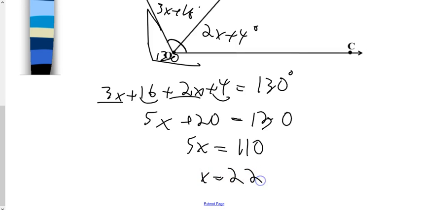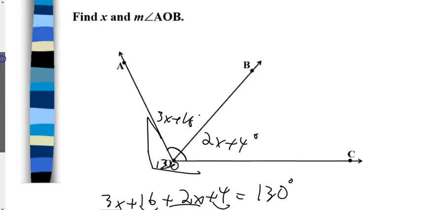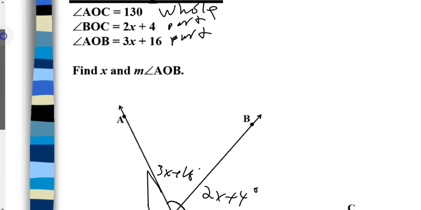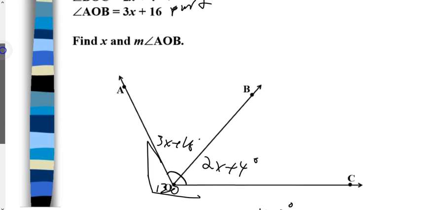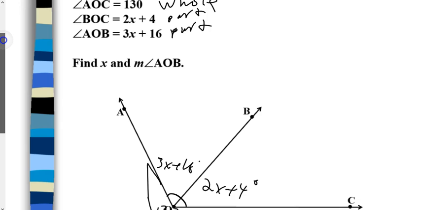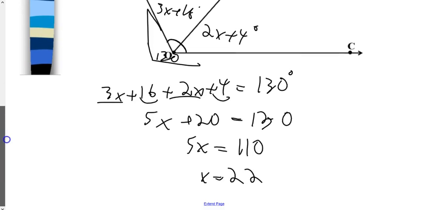Now let's go back and see what it was asking for. Find x, which we did, and AOB. So we're going to plug that into 3x plus 16. So one of my answers was this.